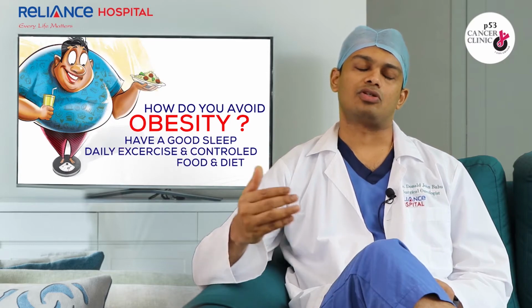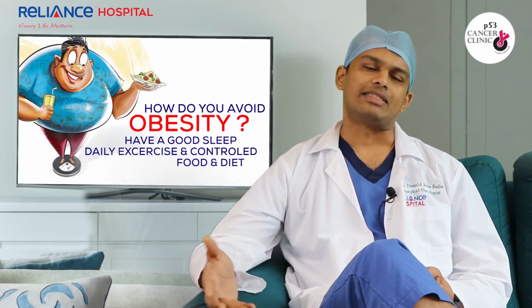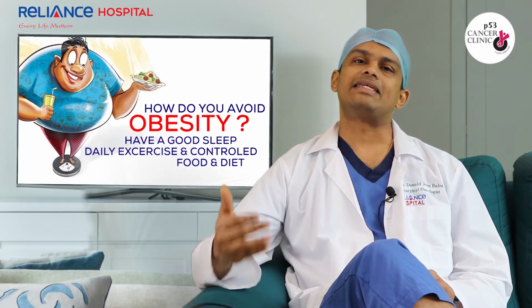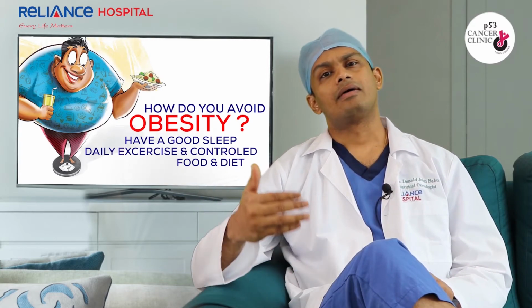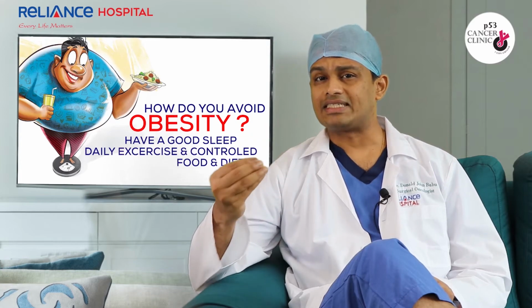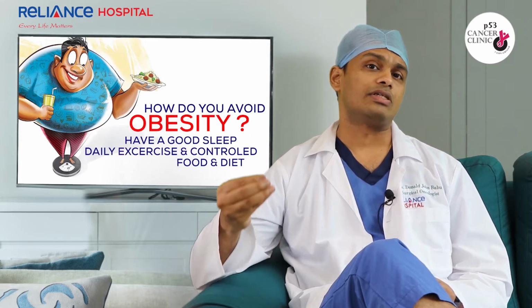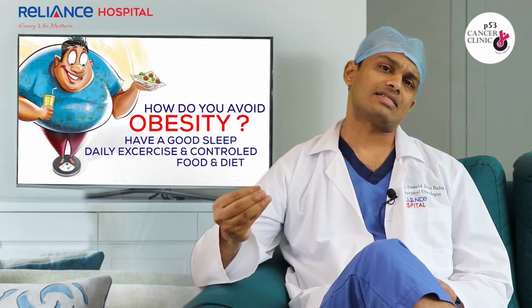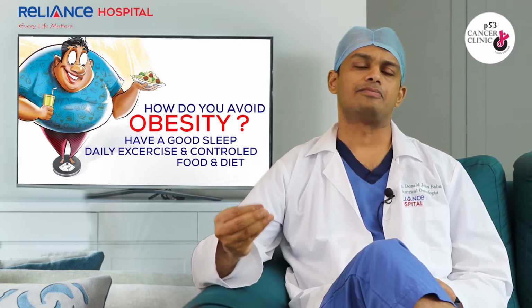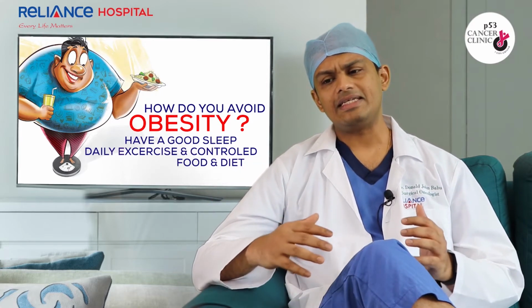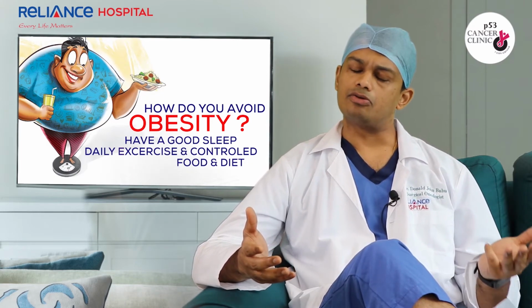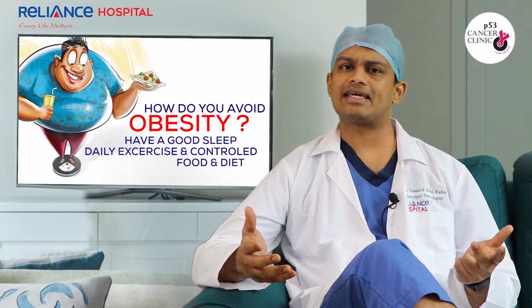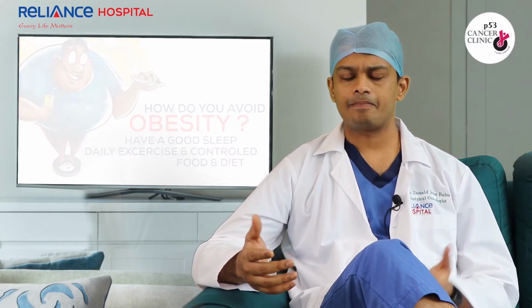It should be once or twice a week and not on a daily basis. Meat in general has steroids. Meat in general has fatty content, which can also increase obesity, and thus your diet needs to be controlled. So 3 very simple things that you could do: good sleep, daily exercise, and controlled diet.